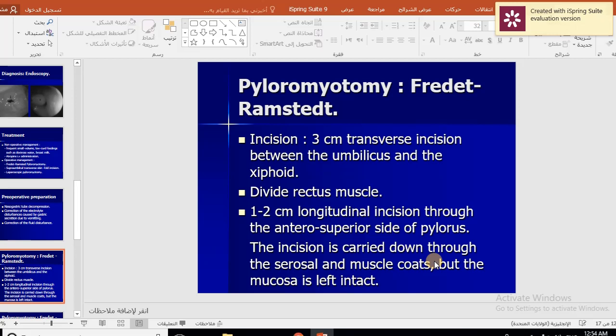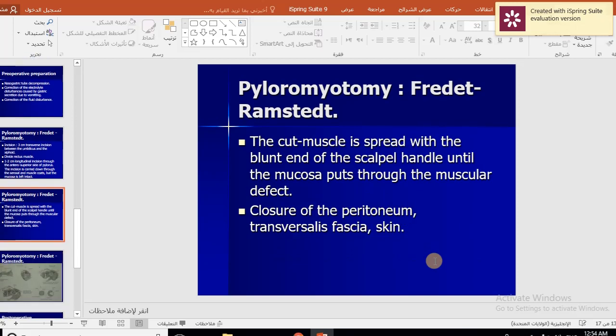Pyloromyotomy or Ramstedt surgery: we make a 3 centimeter transverse incision between the umbilicus and the xiphoid process. We divide the rectus muscle. We make a 1 or 2 centimeter longitudinal incision through the anterior-superior side of the pylorus. The incision is carried down through the serosa and muscular coat, but the mucosa is left intact without opening it.